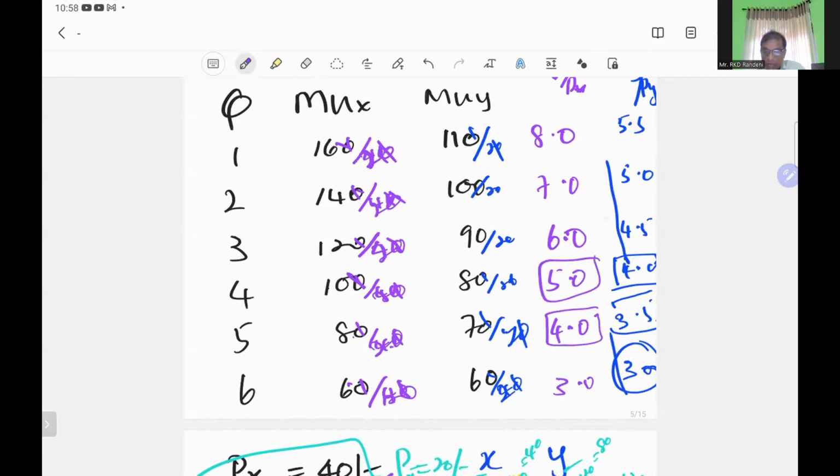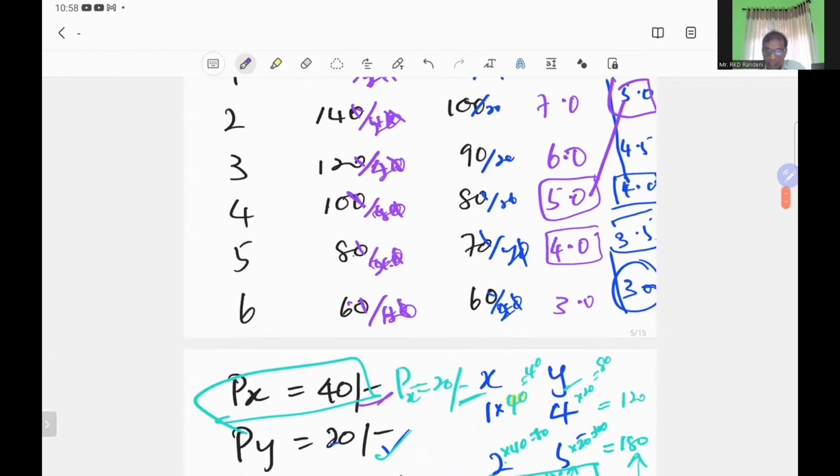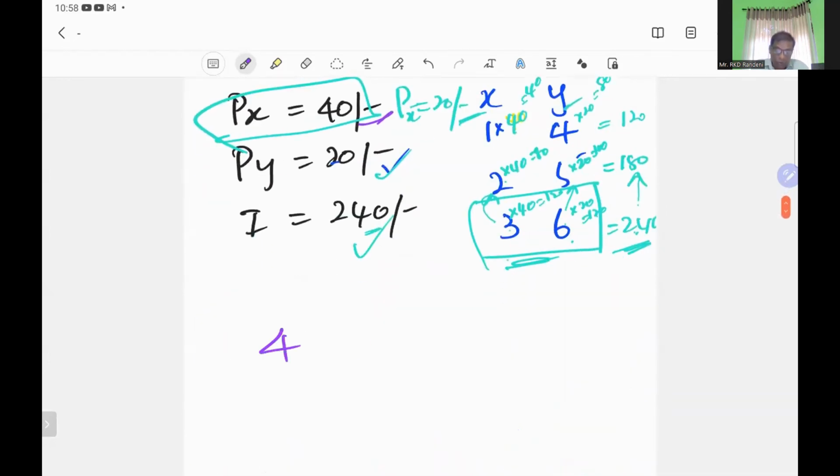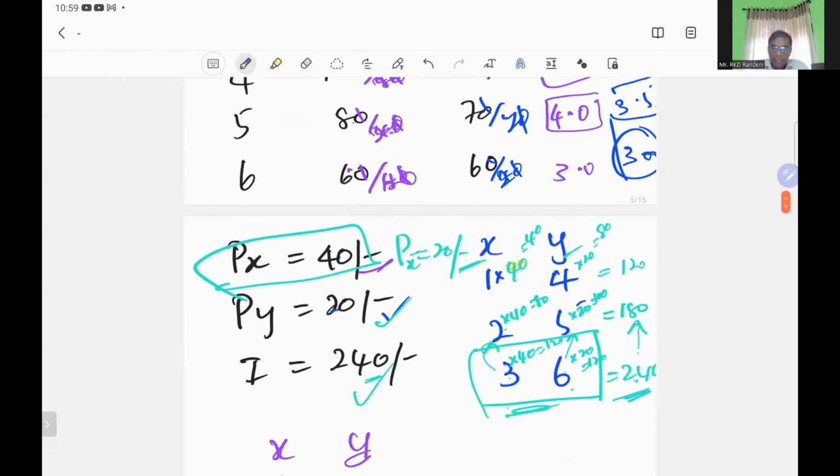5 is there, no? 5 is there. Then there are 4, 4, 2. Then 4 units from X, 2 units from Y. Right.